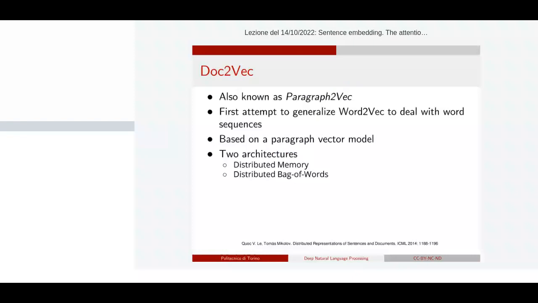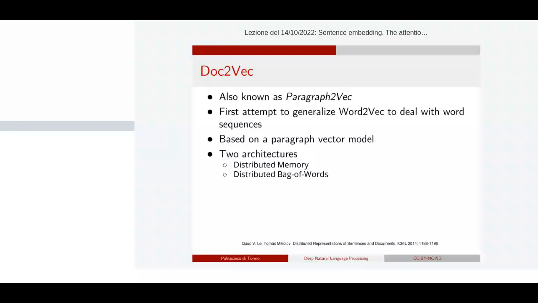Similar to Word2Vec, the authors have proposed two different architectures, which are inspired by the skipgram and CBOW representation architectures that we already know.